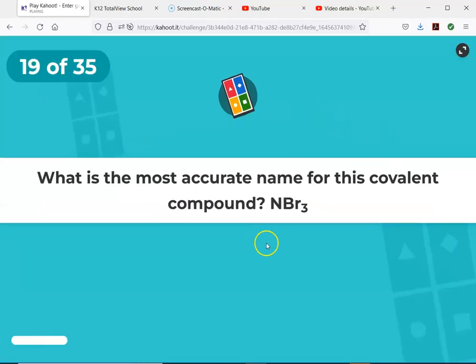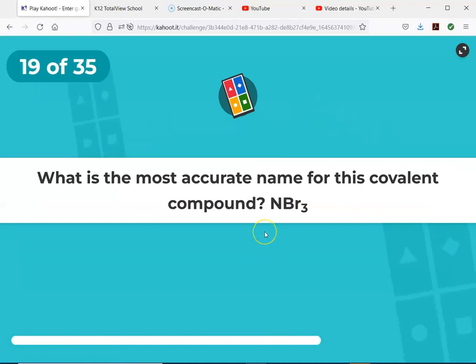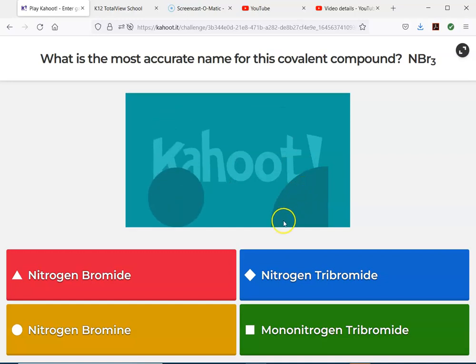Number 19. What is the most accurate name for this covalent compound? NBr3. Only the rules from class, right? Covalent. Name the first one first. Nitrogen. Use the prefix if it's more than one. Well, it's only one. We don't really need the mono. That means the green one we probably could mark off our list, but it could be red, blue, or yellow.